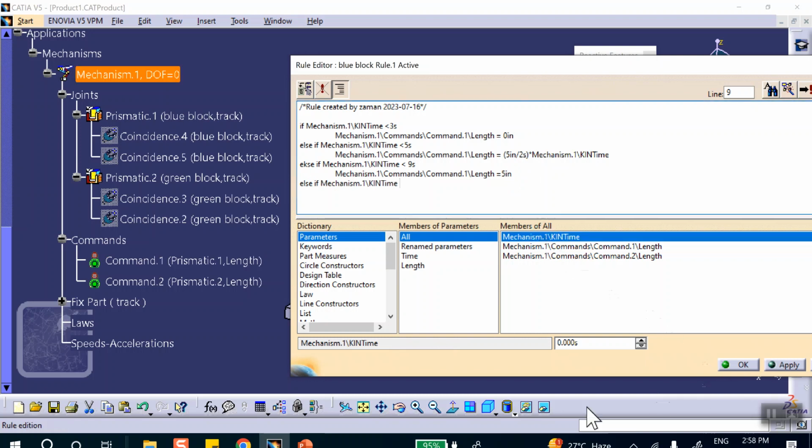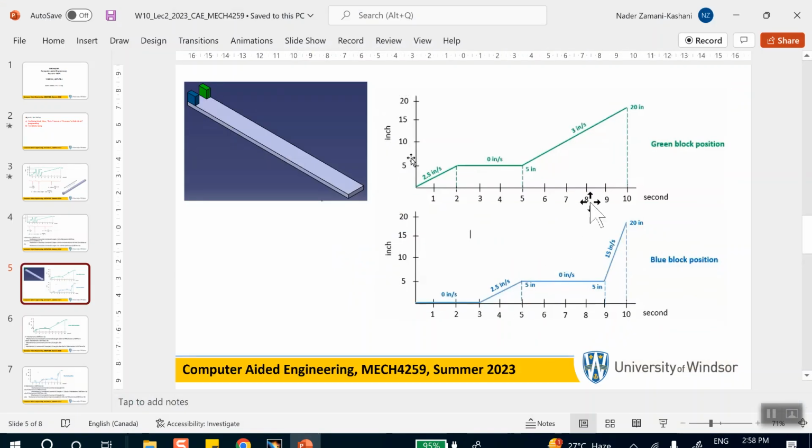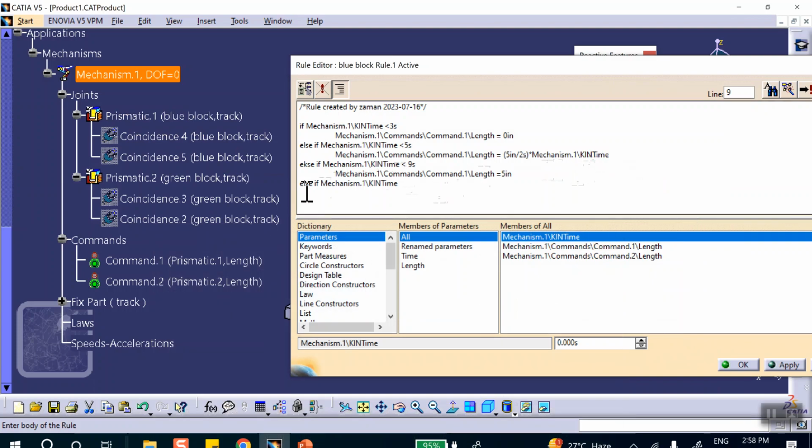Else if time, let's go back here, is less than, oh, this last one we don't have to. We don't have to say else if, we just have to say else. Else, it's 5 inches plus this slope. Let's take this thing out.